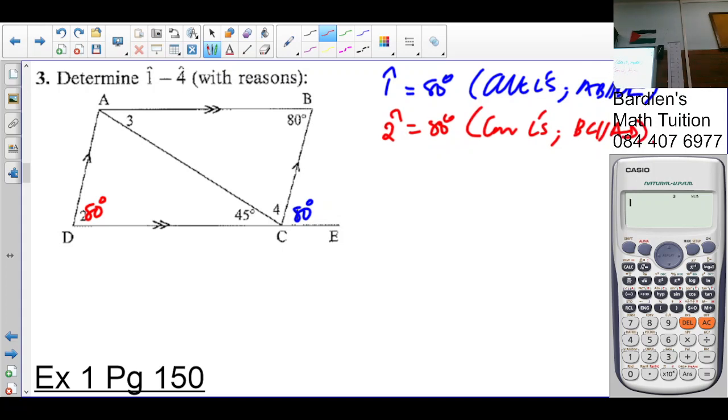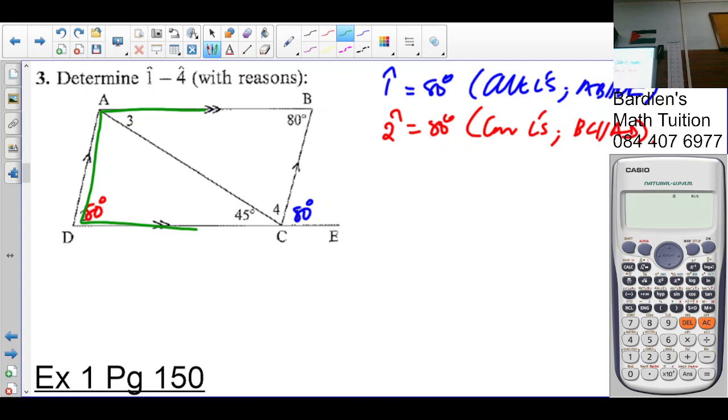Number 3. Angle 3 is 45. Why? Alternate angles. Okay? That angle is equal to that angle there. Could I have used co-interior angles here?